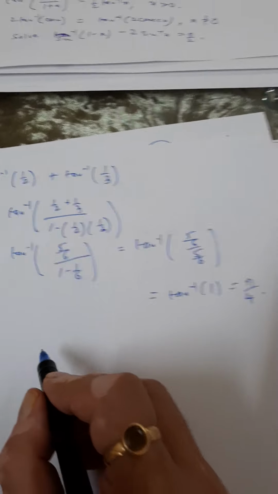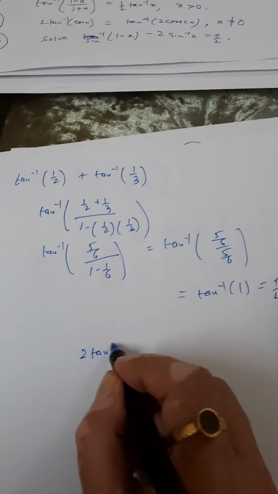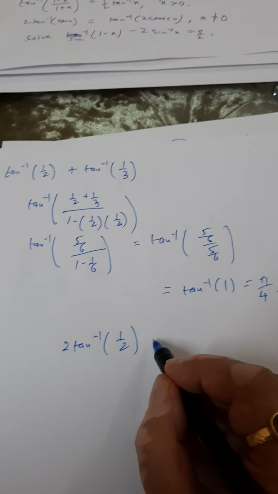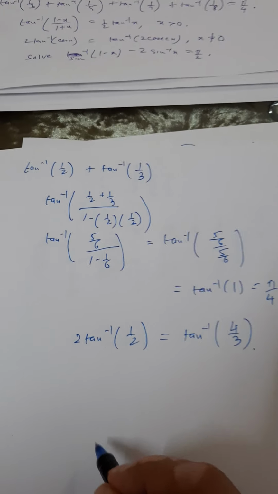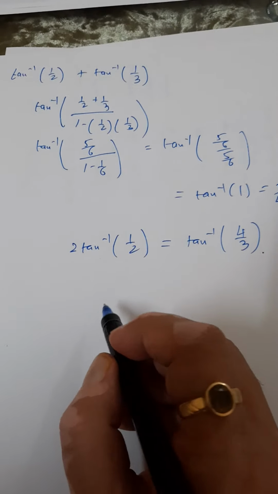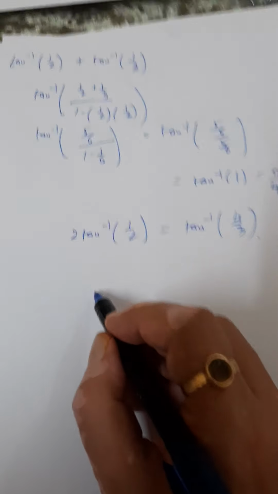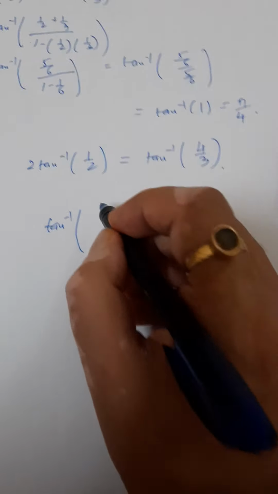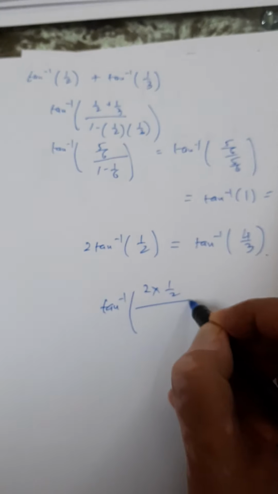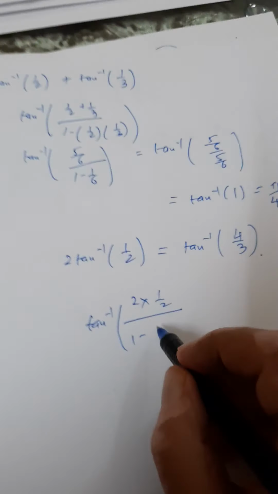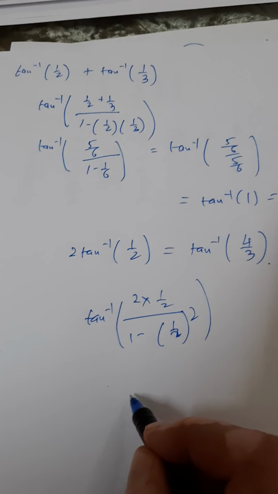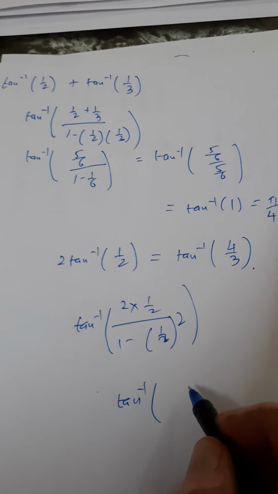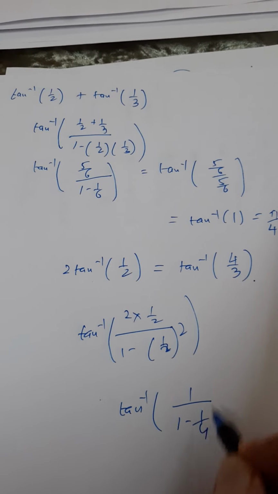Now second one, 2 tan inverse 1 by 2 is equal to tan inverse 4 by 3. Now you have 2 tan inverse x is tan inverse of 2x upon 1 minus x squared. So with x equal to half, that is tan inverse of 2 into 1/2 upon 1 minus half square, so that is tan inverse of 1 upon 1 minus 1/4.